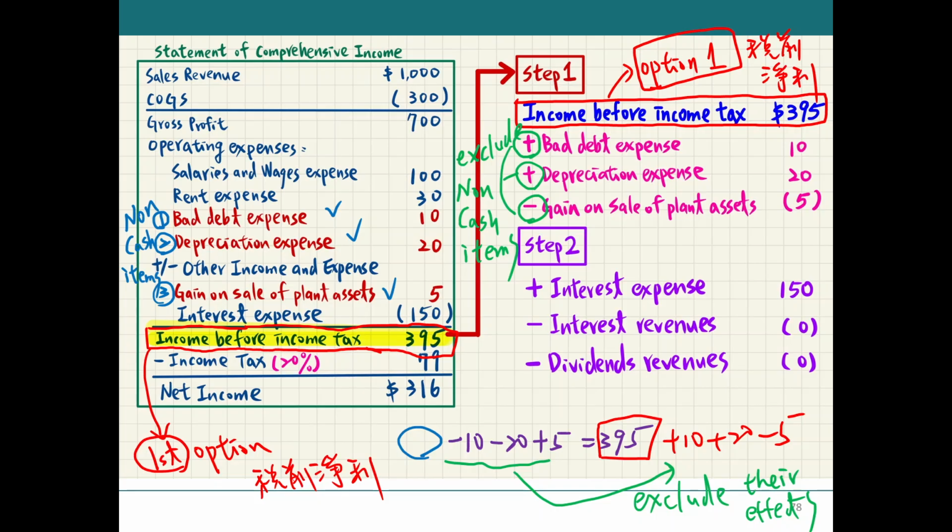Okay, any questions? So did you find out, whether we use the direct or indirect method, step 1 is the same? We want to exclude non-cash items, but the method you are going to use is different, right? Okay.